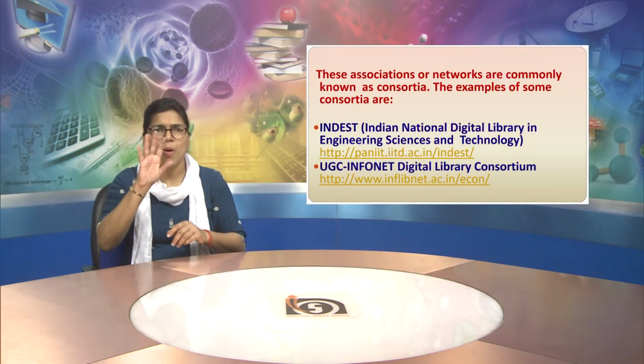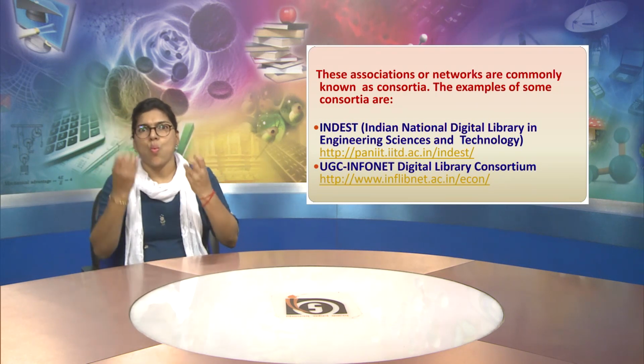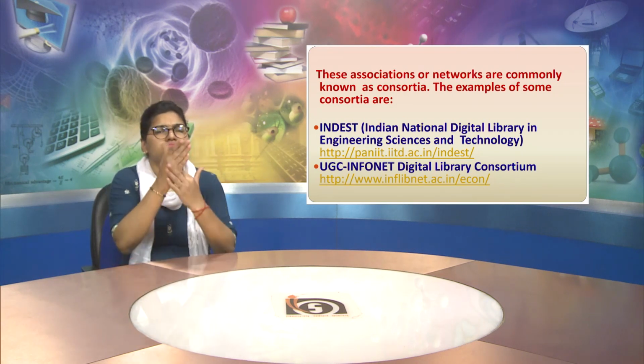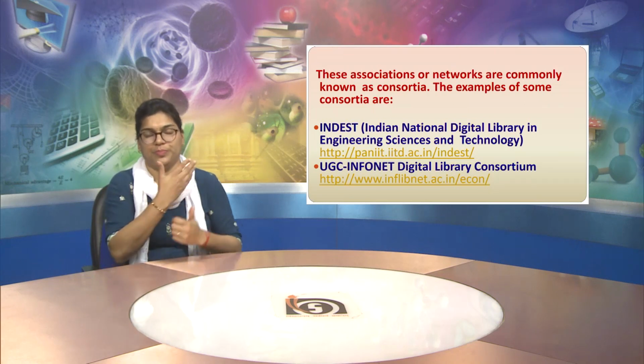These associations or networks are commonly known as consortia. The examples of some consortia are these 2 points you can see online, and you can search. You can go through these links.